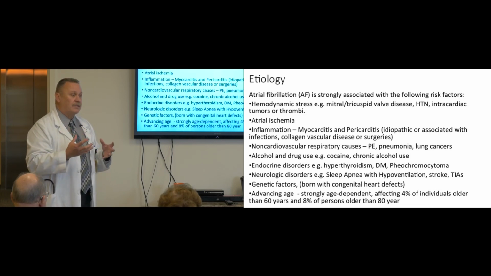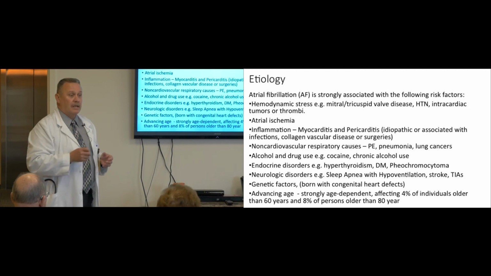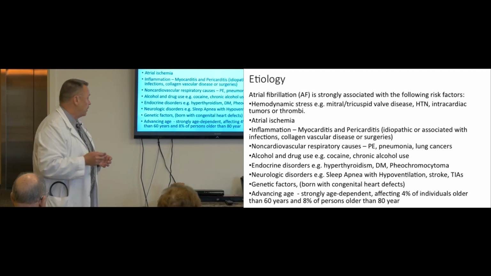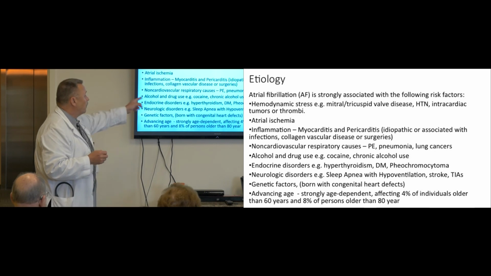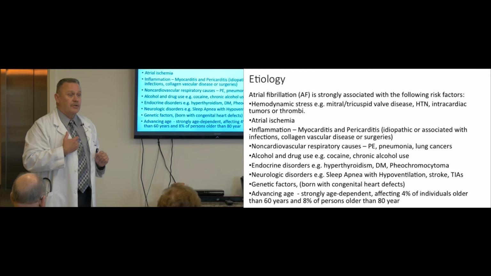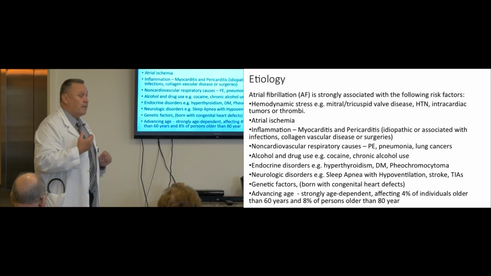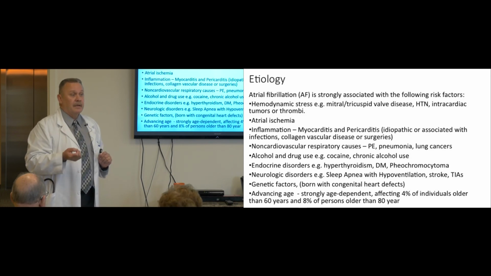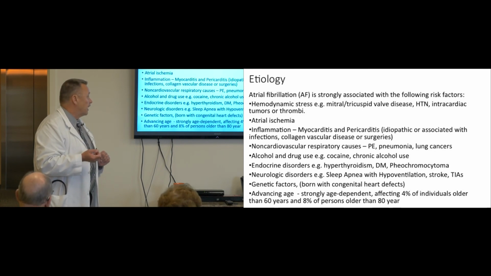And the harder the heart has to work, the more likely it's going to go into atrial fibrillation. Pulmonary embolus, and that's where you get a blood clot in the lungs, can increase your risk of atrial fibrillation. Pneumonia frequently can increase your risk of atrial fibrillation, or lung cancers.